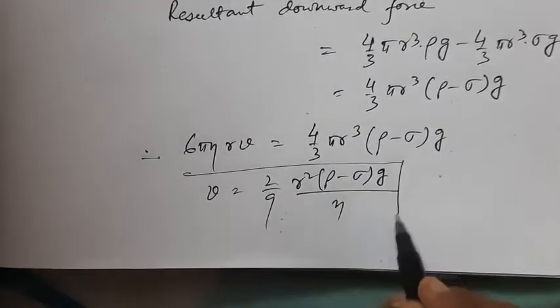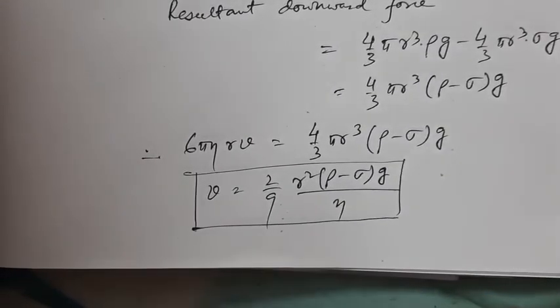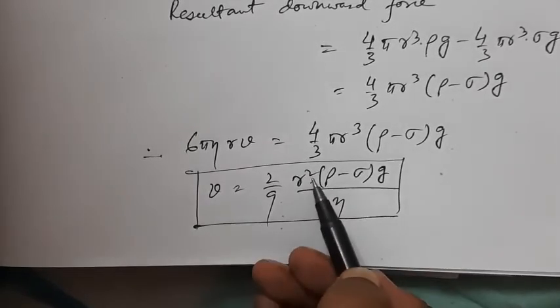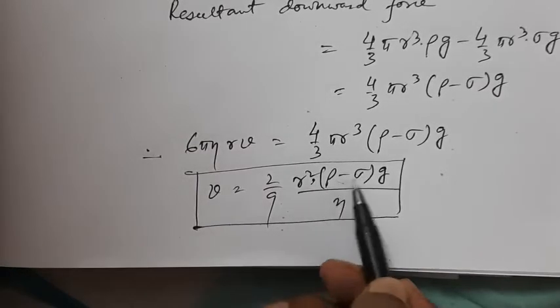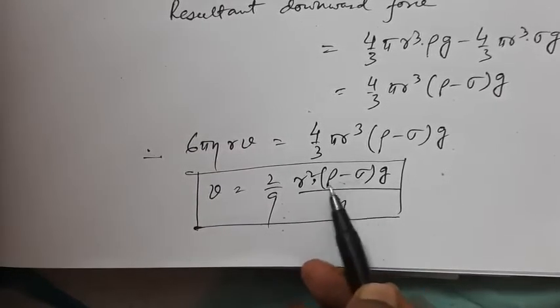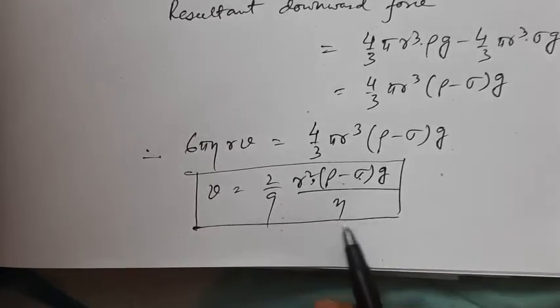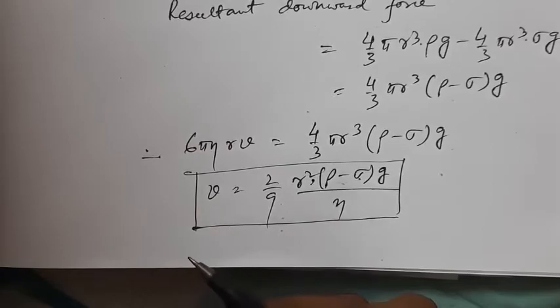So this is the formula for the terminal velocity of a sphere falling through a fluid. Terminal velocity is directly proportional to the square of the radius of the sphere, directly proportional to the difference of densities of the material of the sphere and that of the medium, and inversely proportional to the coefficient of viscosity of the medium.